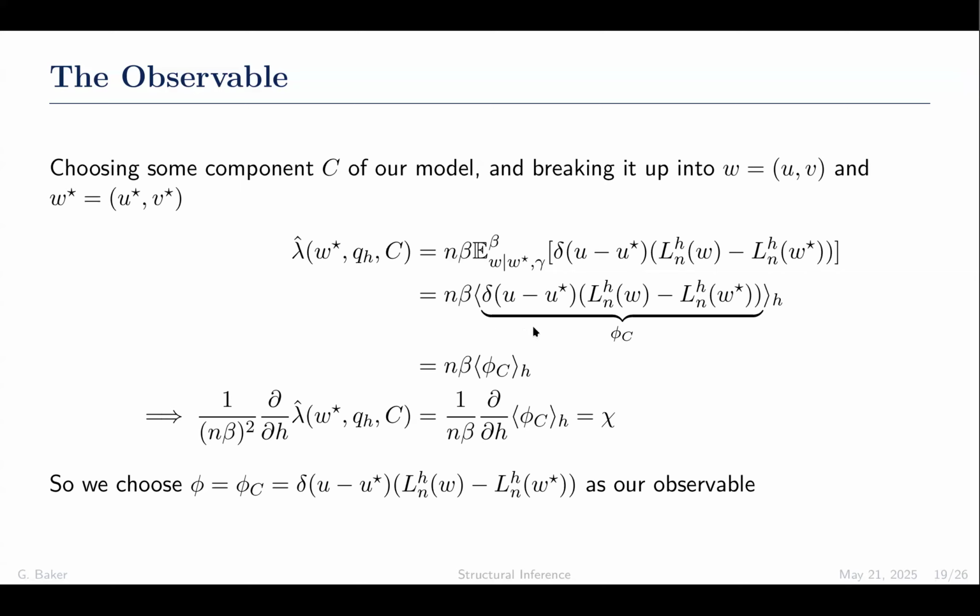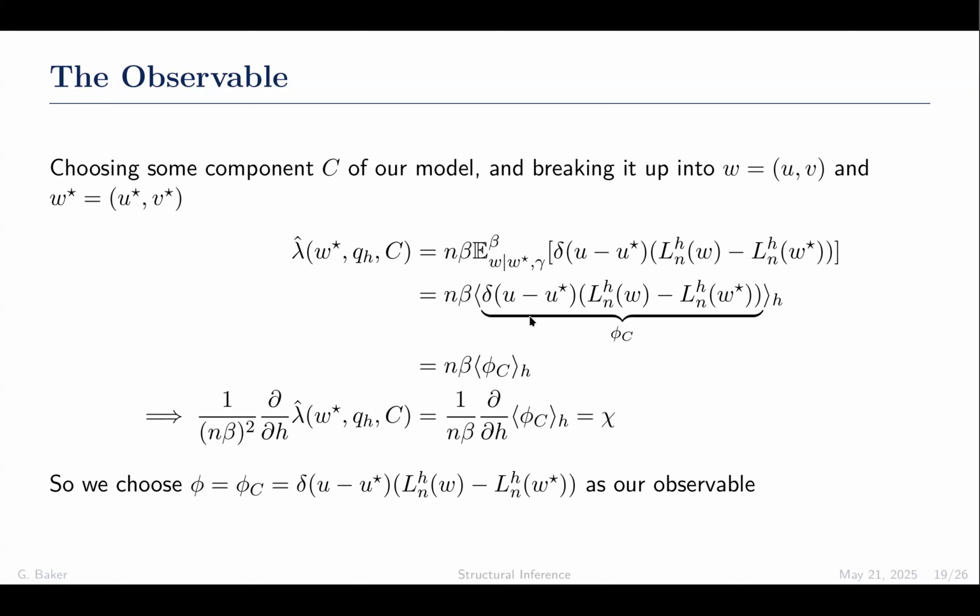And then we can rearrange some stuff and find that if we just divide the learning coefficient by n beta squared and take its derivative with respect to the dataset perturbation, then that ends up having the same form as a susceptibility. So it's not actually a derivative. I asked Dan about this, and technically you have to do finite differences here or some other fancy thing, but we can pretend it's a derivative for this slide.